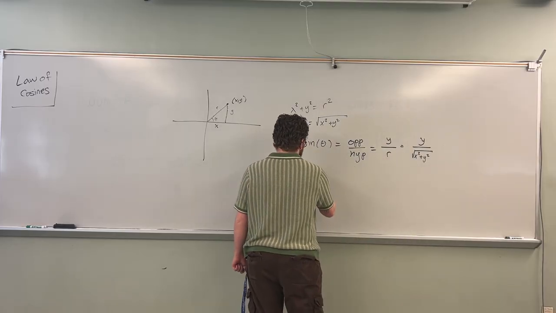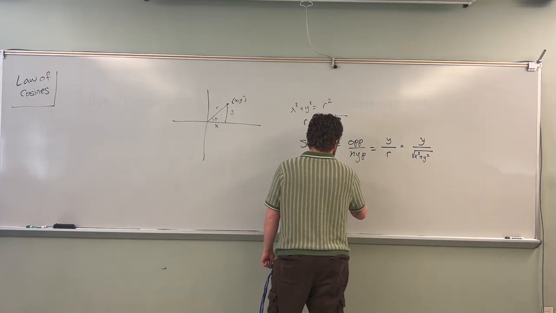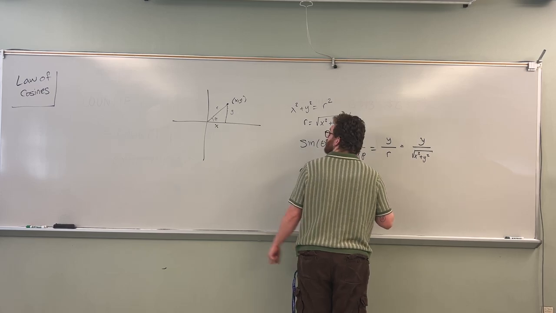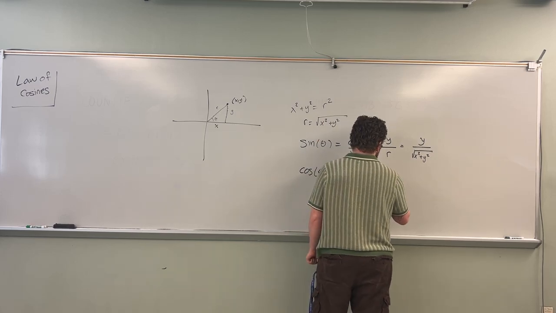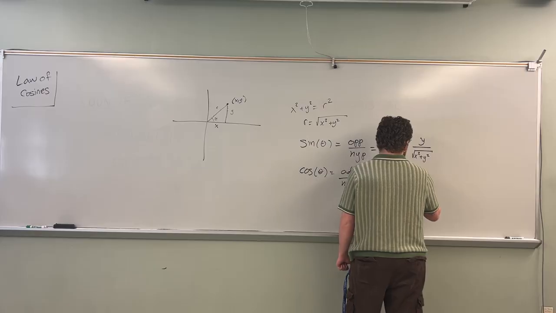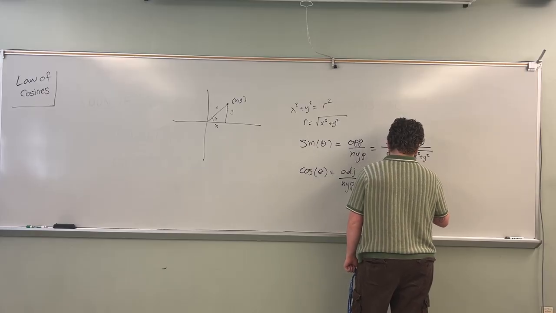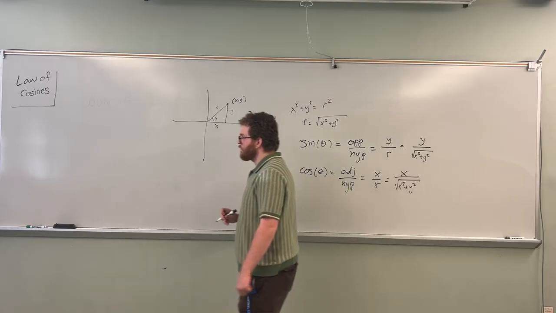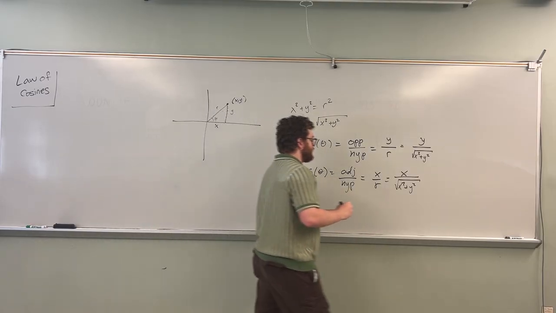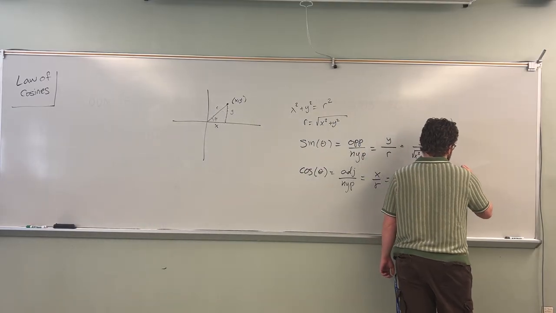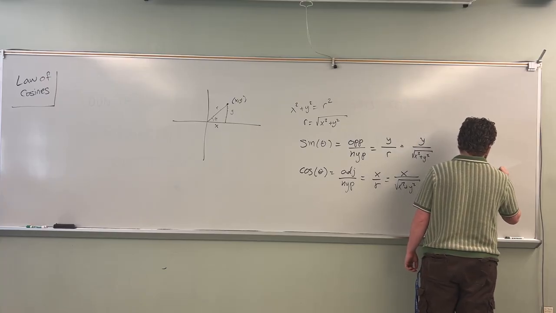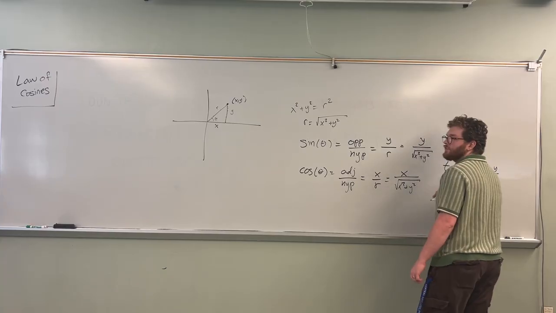Cosine, similarly, we said was adjacent over hypotenuse, which here is going to be x over r, or similarly x over the square root of x squared plus y squared. And then tangent, very simply, is opposite over adjacent, which here is y over x.